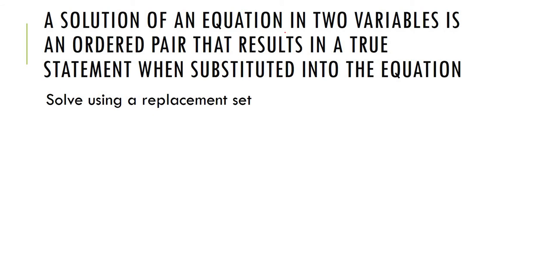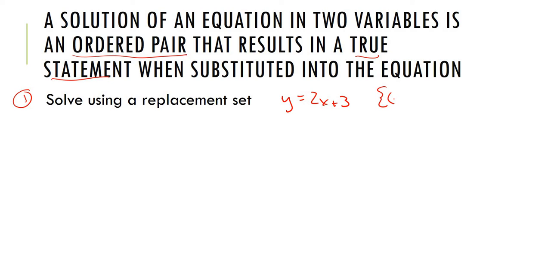A solution of an equation in two variables is an ordered pair that results in a true statement when you substitute it into the equation. So one of the ways you'll be asked to do this problem is to solve using a replacement set. For example, if I give you an equation, y equals 2x plus 3, and you're given a solution set.